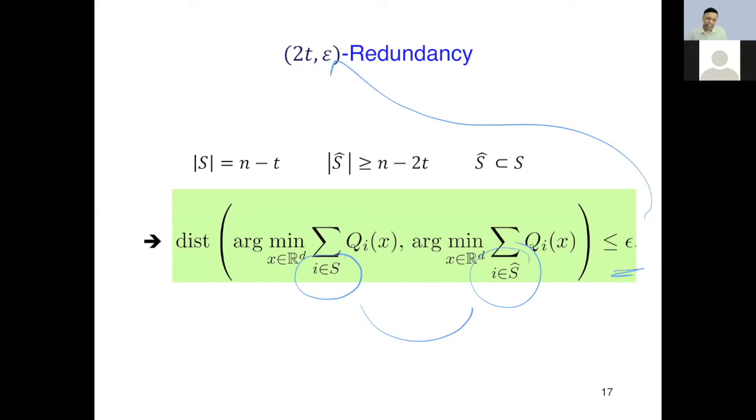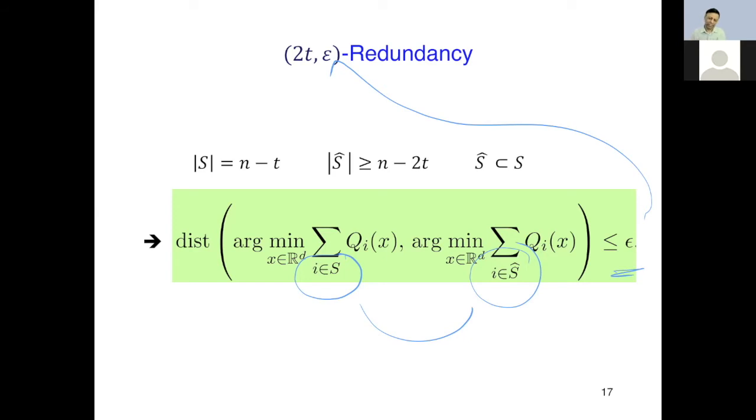So what it is essentially saying is that the arguments that minimize the global cost over all the agents in set S are not very far from the arguments that minimize the aggregate cost over a subset of S of size n minus 2t or more.